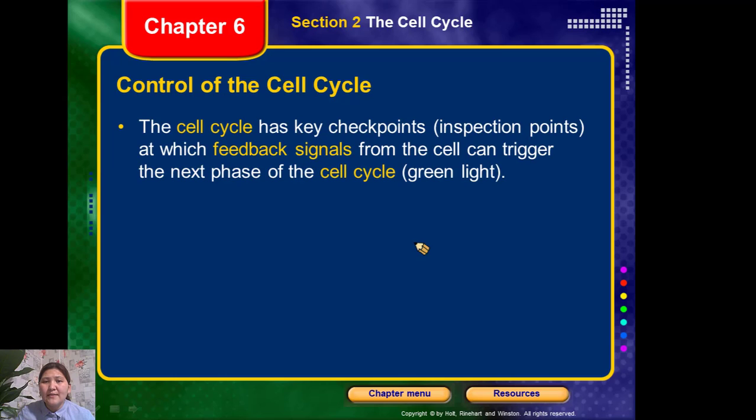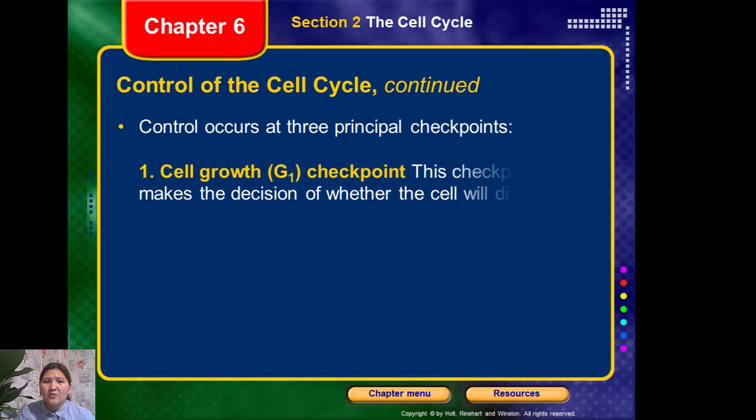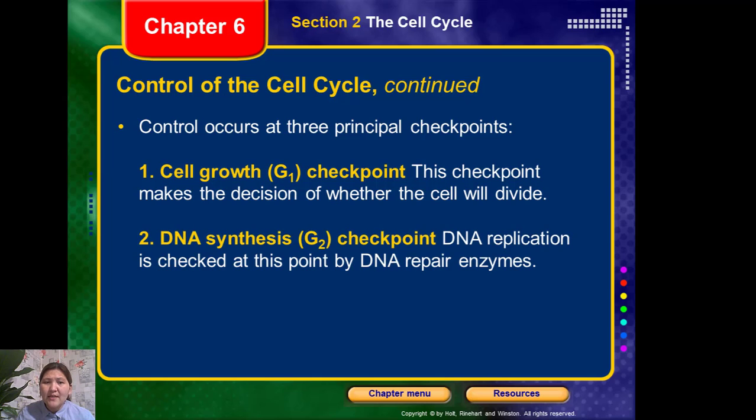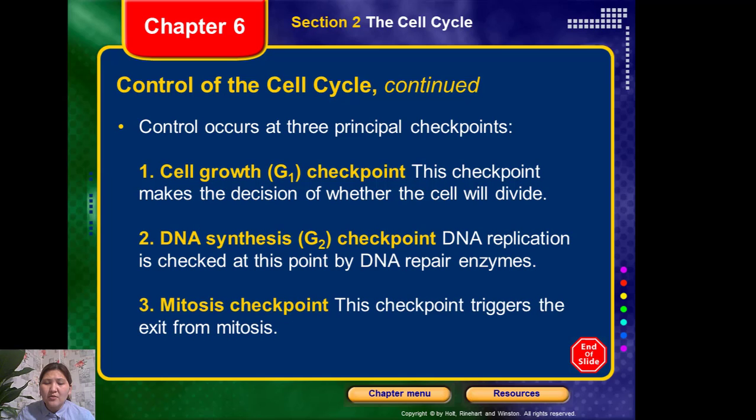The cell cycle has key checkpoints, where feedback signals from the cell can trigger the next phase of the cell cycle. The control happens at three principal checkpoints: the cell growth checkpoint, the DNA synthesis checkpoint, and the mitosis checkpoint.